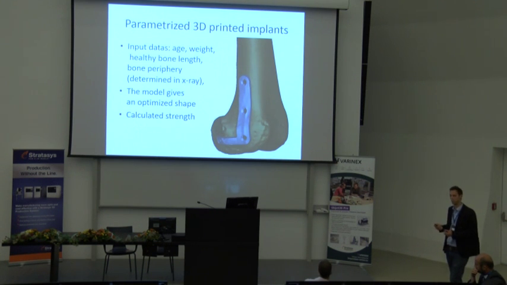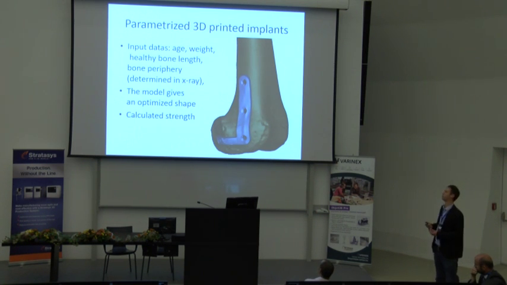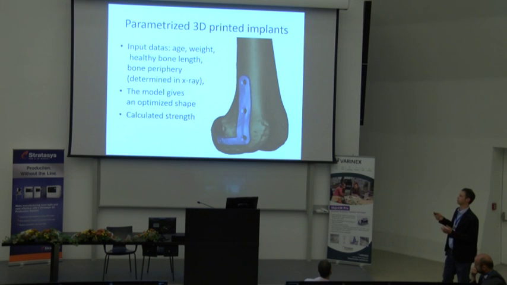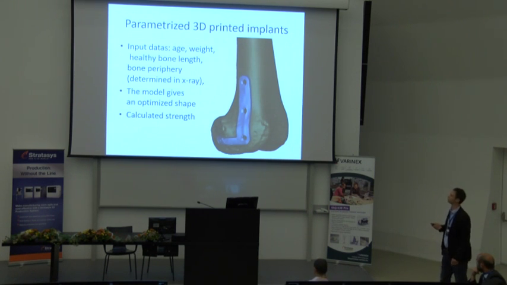So it can be maybe a revolution in implant manufacturing, because if the patient comes in after a serious accident, for example, we can make the implants within a few hours, and that is enough in traumatology.